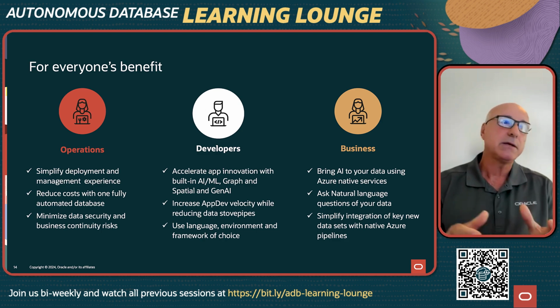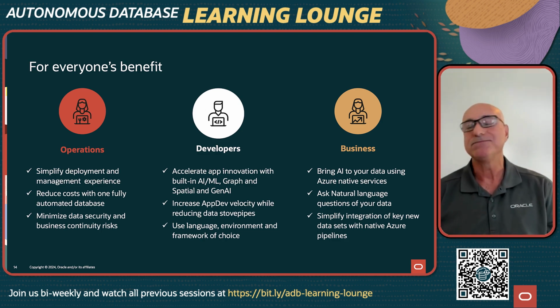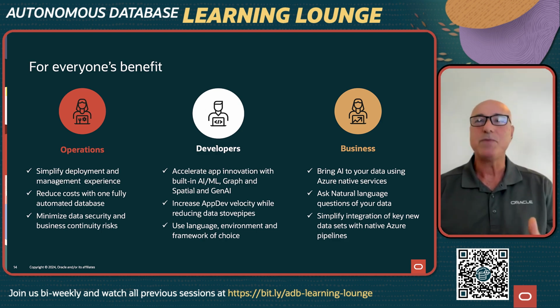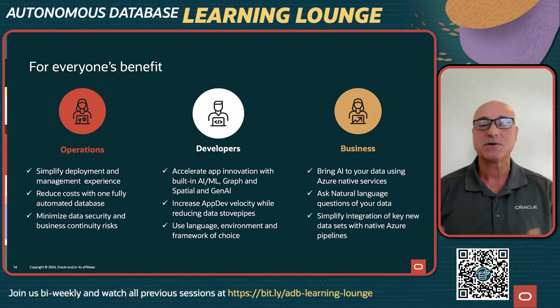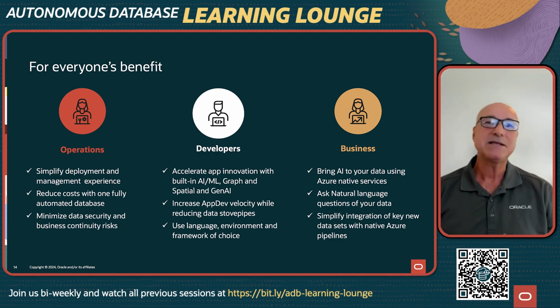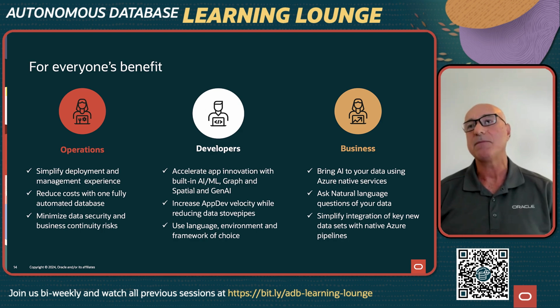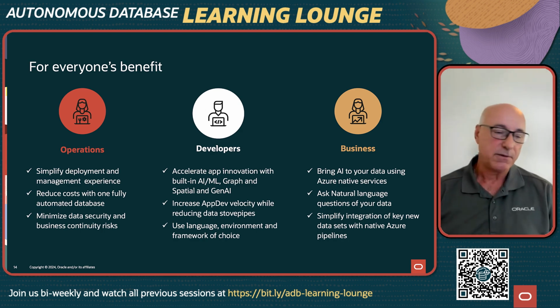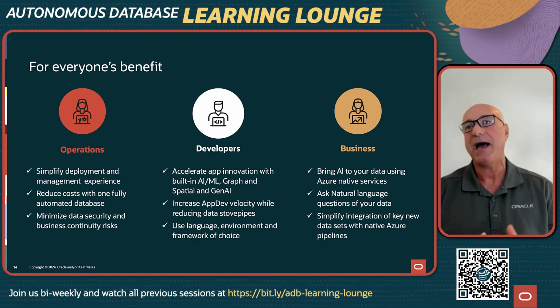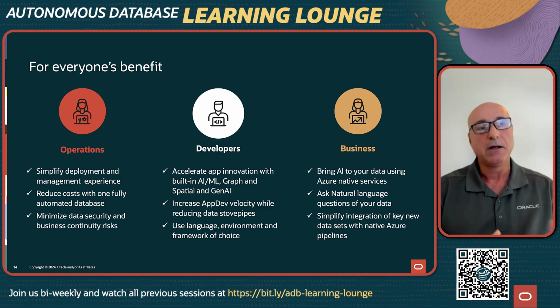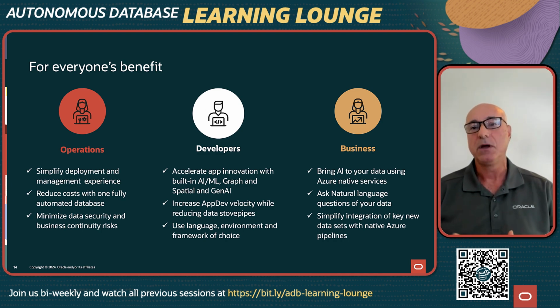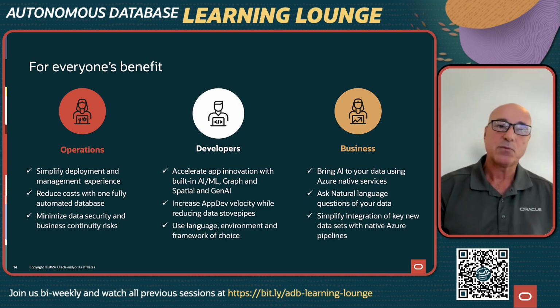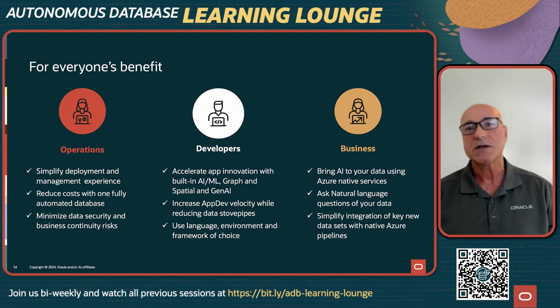But in the end, what are we really talking about here? Marty really opened this up with the three different types of users that might typically interact with this data. So what does it mean to each of those users in their day in the life? Where do you benefit? As an IT or operations person, it's a lot about simplification. It's about tying it into the processes you currently have automated to deploy your data services. It's about ensuring that best practices around mission critical business continuity, enterprise security, and zero trust security are pre-built in.